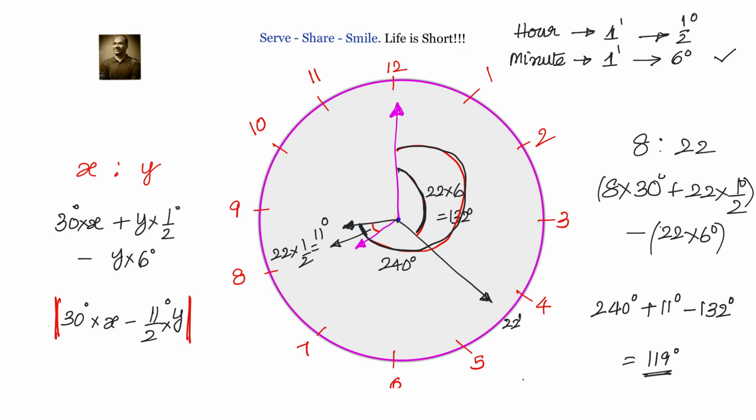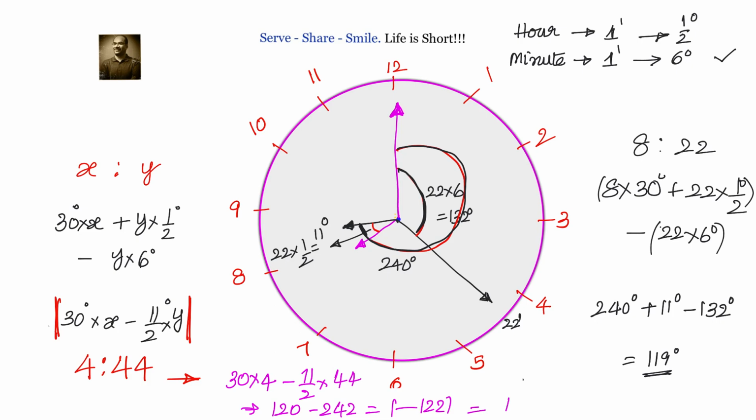So let us say now the time is 4:44. What will be our answer in that scenario? Our answer will be 30 into 4 minus 11 by 2 into 44, which equals 120 minus 242, which equals minus 122.